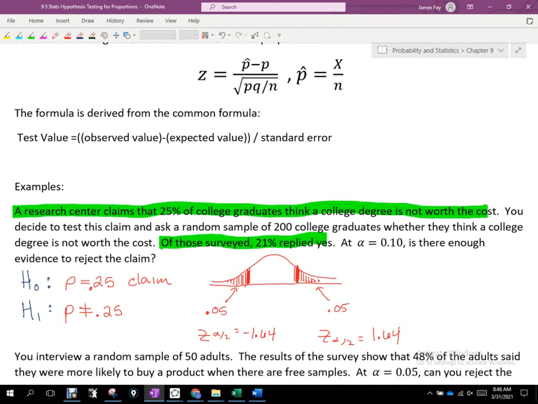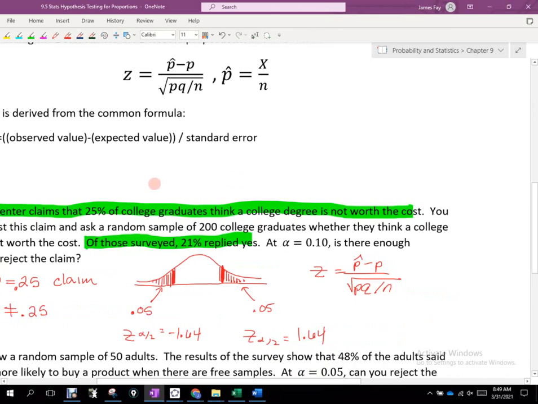Now all we have to do is determine what the test statistic is. So Z is equal to p hat minus p divided by the square root of pq over n. Now, when we evaluate that, remember p hat is the sample proportion.